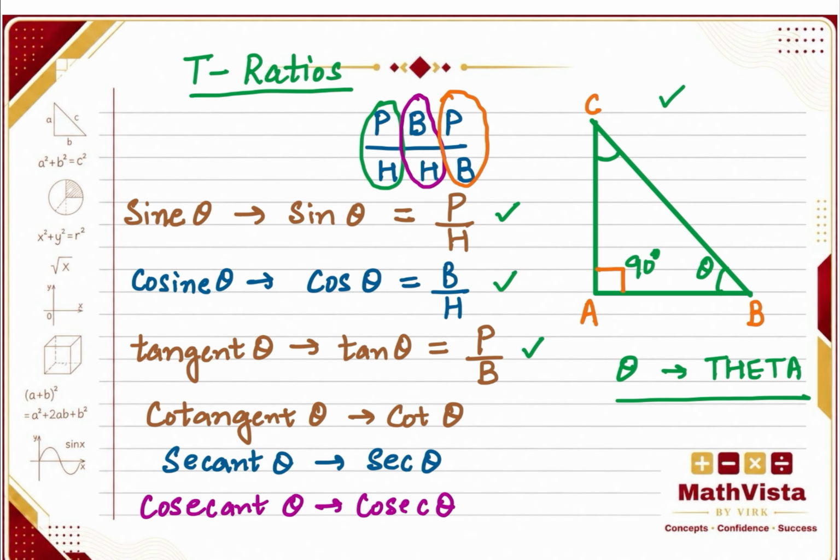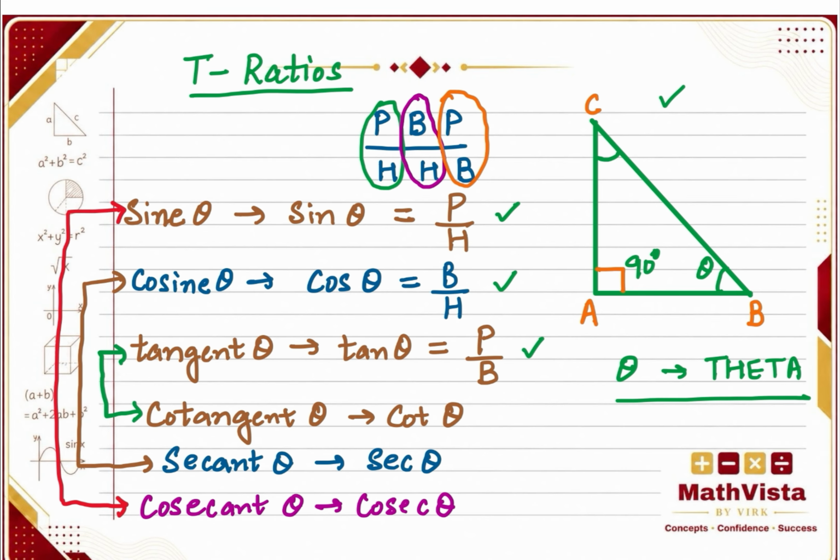These three ratios are related to the previous three, very simply. Cot and tangent are reciprocal to each other, cosine and secant are reciprocal to each other, and similarly sine and cosecant are also reciprocal to each other. I hope you get it very clear.